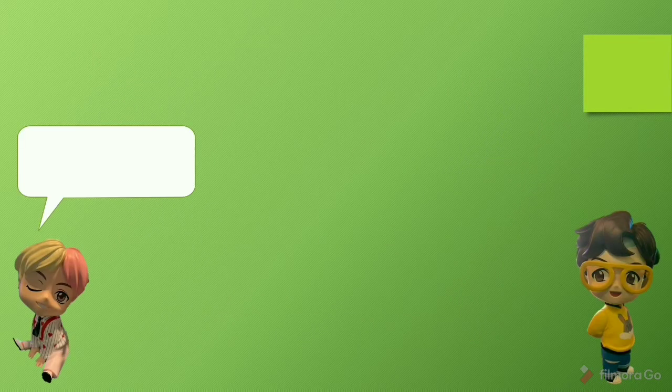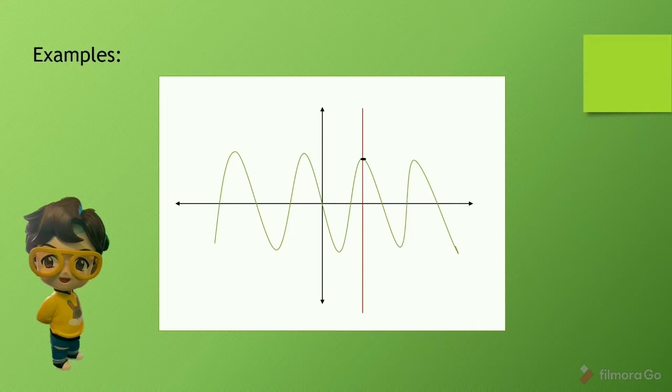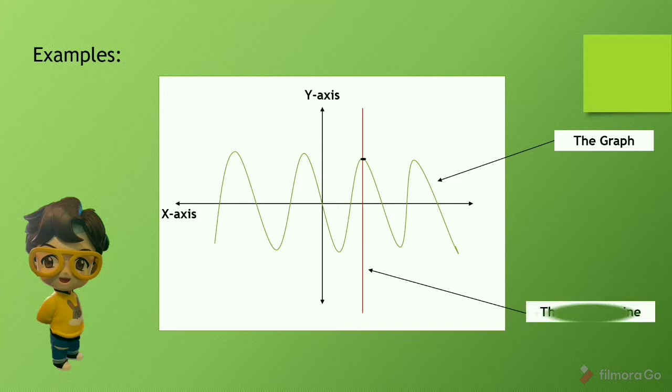So, the vertical line test. What is a vertical line test? A graph represents a function if and only if each vertical line intersects the graph once, or at one point of the graph. For example, in this graph, we have the y-axis and x-axis, the graph, the vertical line, and the point of intersection.